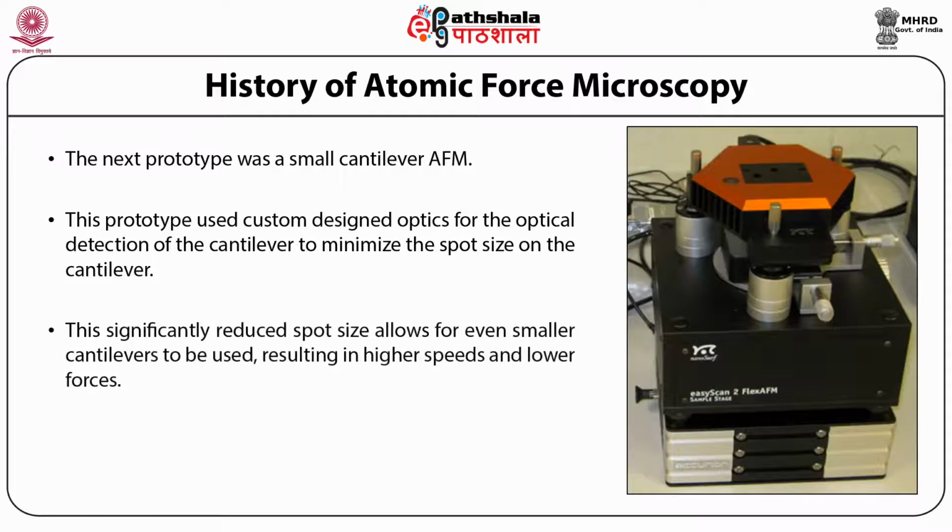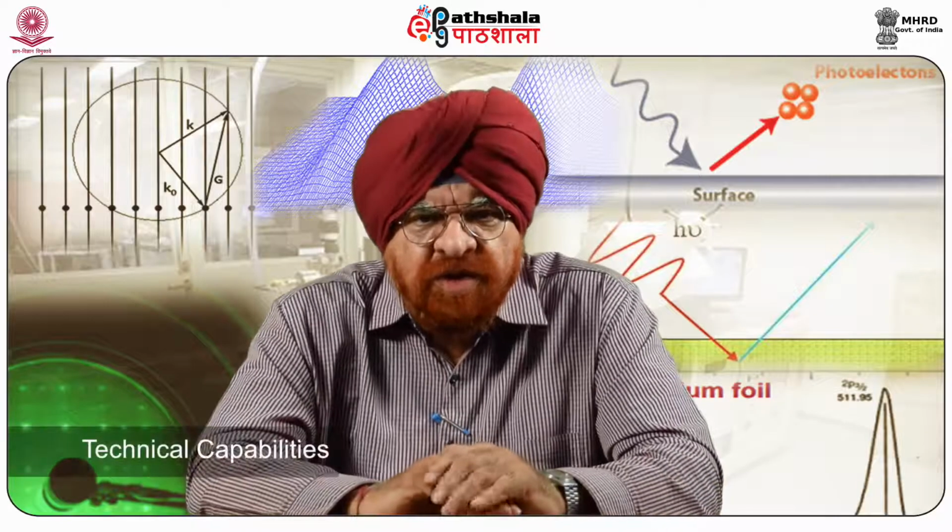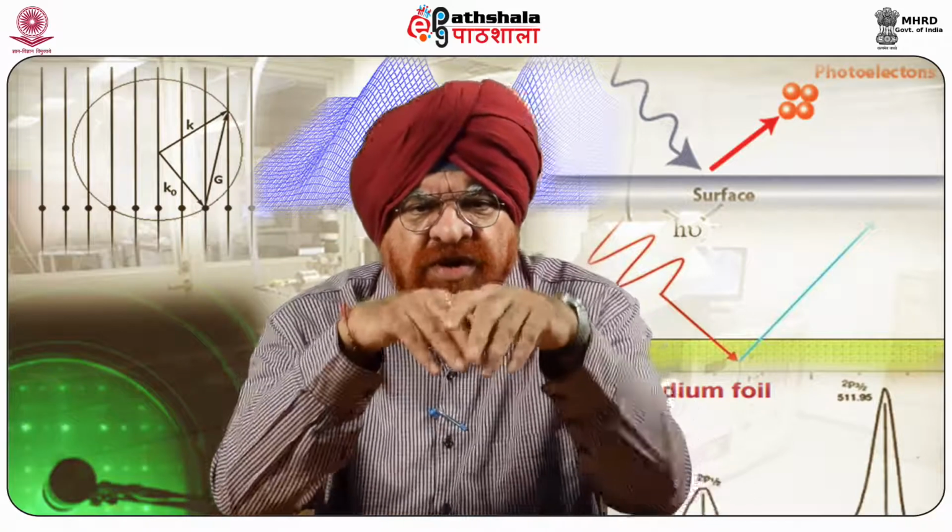This significantly reduced spot size allows for even smaller cantilevers to be used, resulting in higher speeds and lower forces. Technical capabilities: AFM images show critical information about surface features with unprecedented clarity.